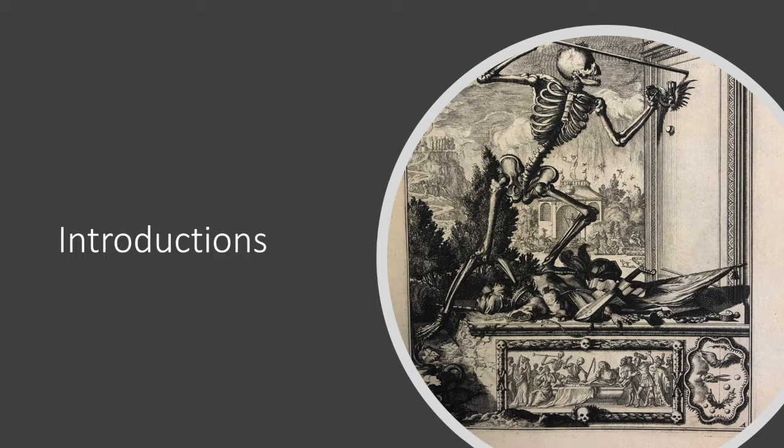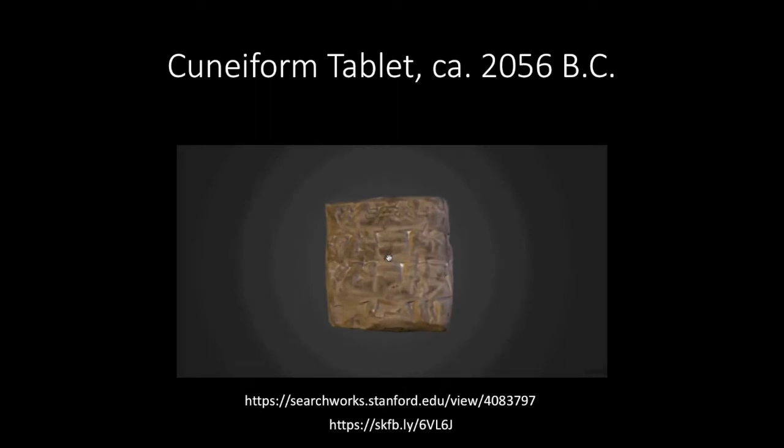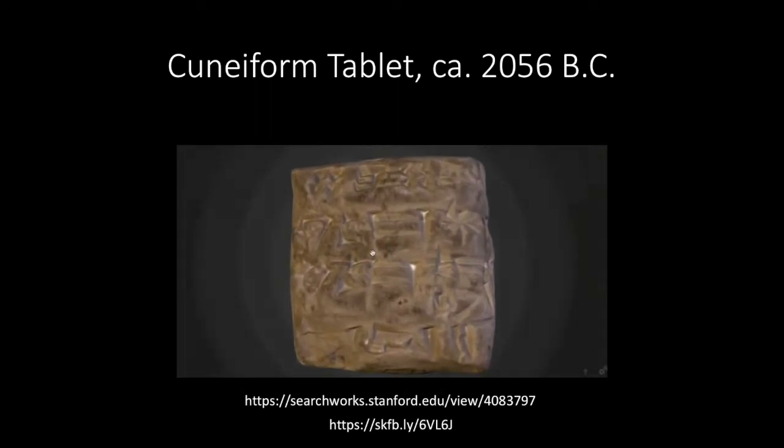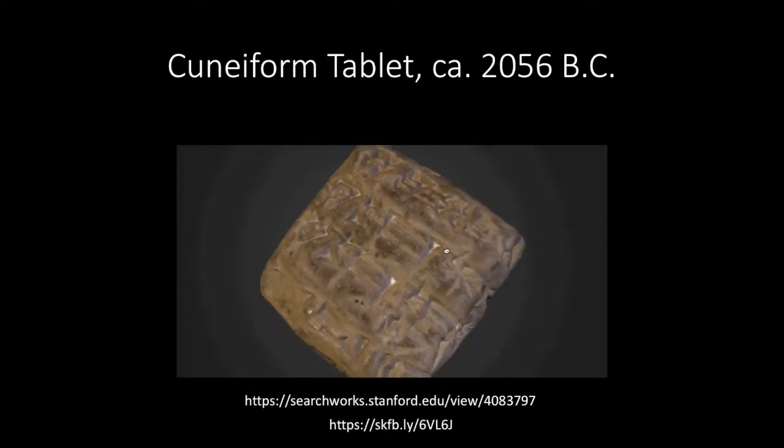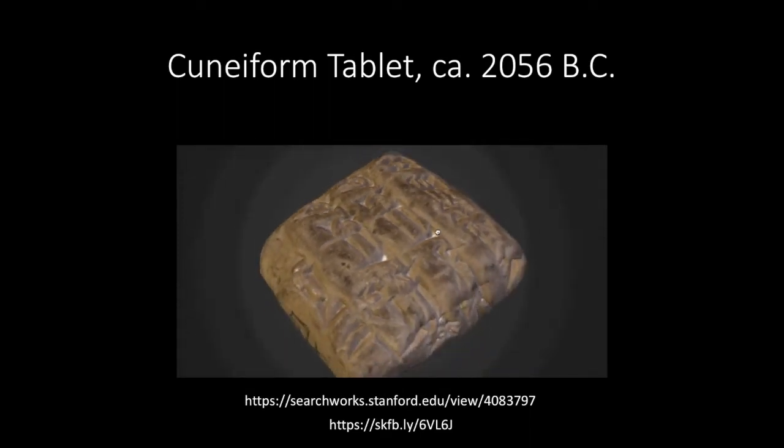I'd like to start by taking us back nearly 4,000 years to examine a cuneiform tablet, one of the oldest pieces of textual material in the library. And this is an object that records a simple transaction of grain.